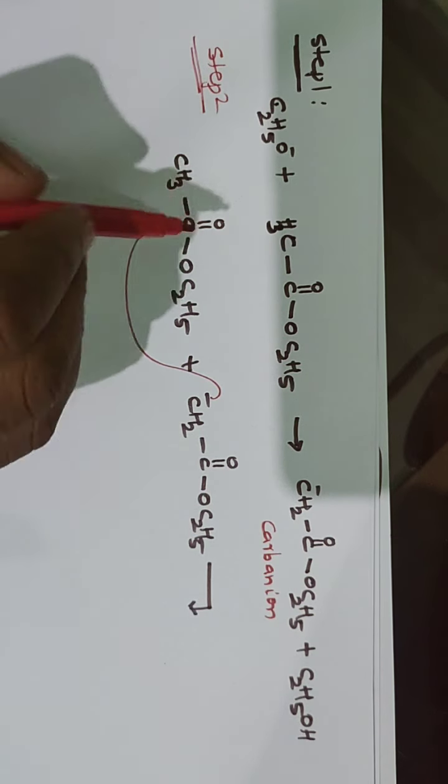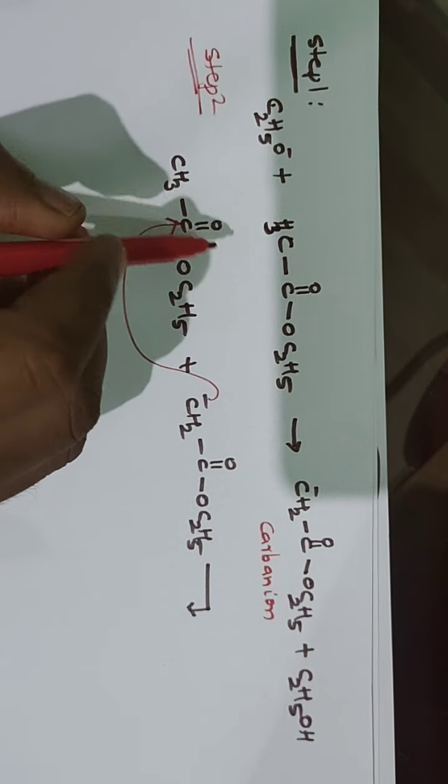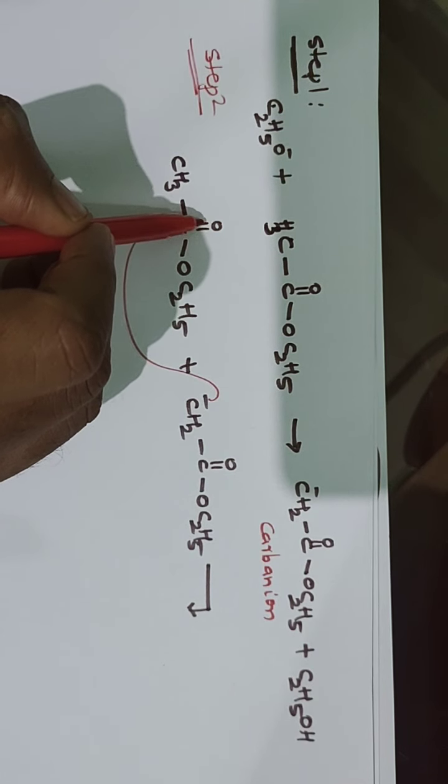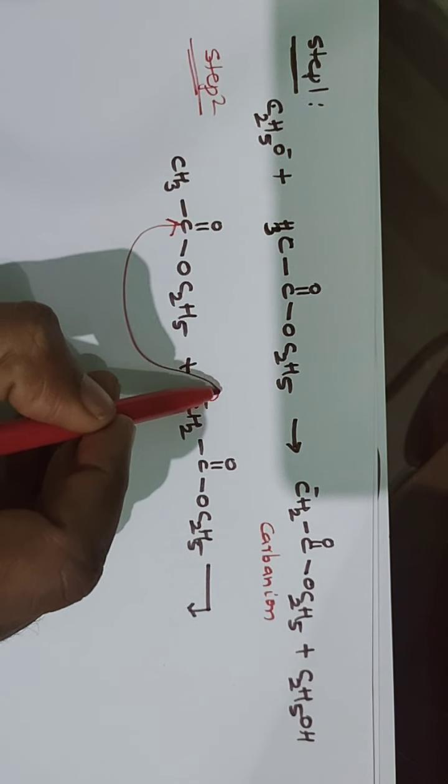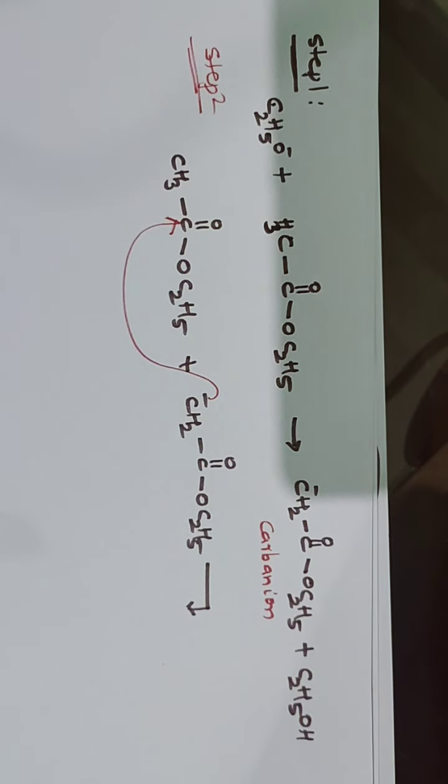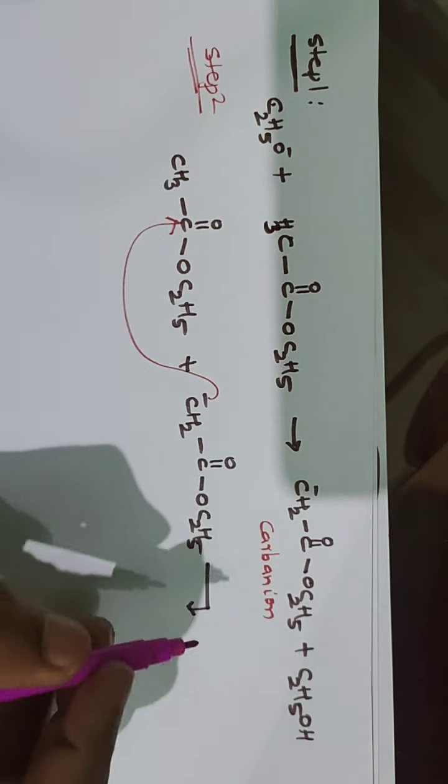Because this carbon will be positively charged. Oxygen is electronegative, it pulls electrons towards itself, so this carbon is positive, so the negative charge will attack this carbon. When it attacks, the double bond O gets converted into single bond O minus.